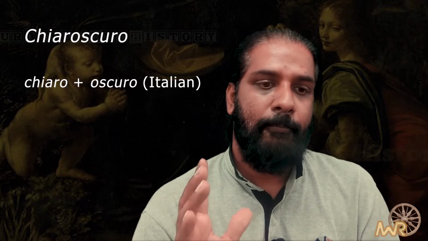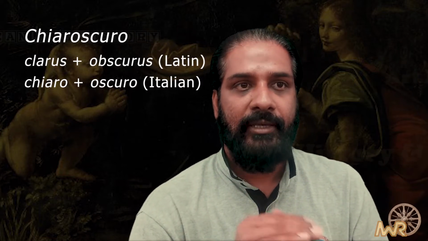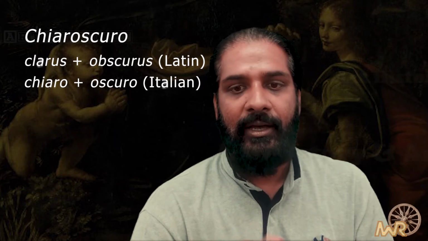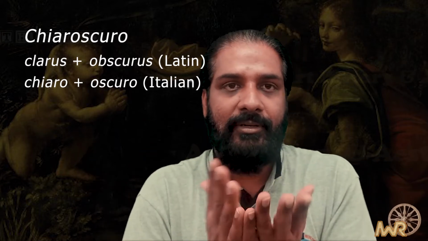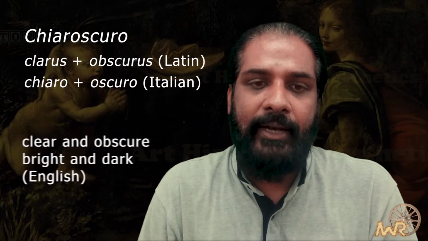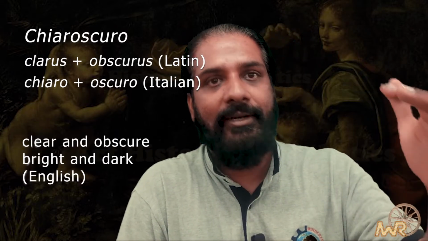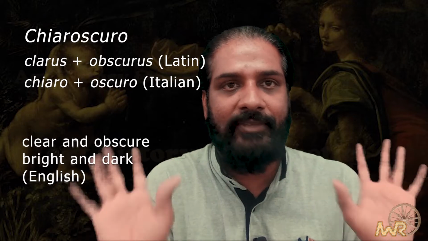Latin clarus and Latin obscurus are the two terms from which chiaro and oscuro come, and they are joined to coin the term chiaroscuro. It literally means clear, obscure, bright, dark. That is the literal meaning of the term.